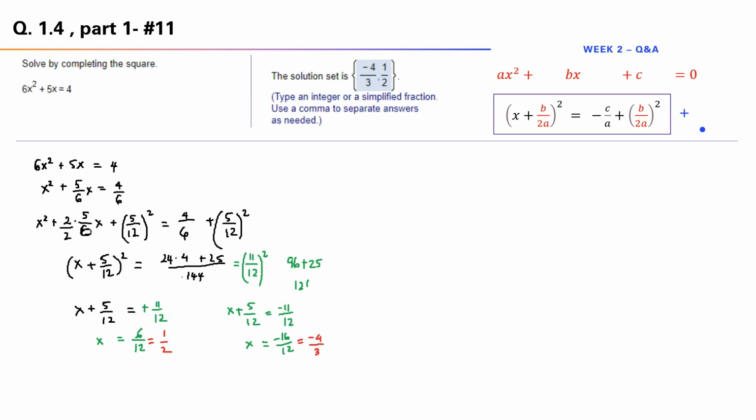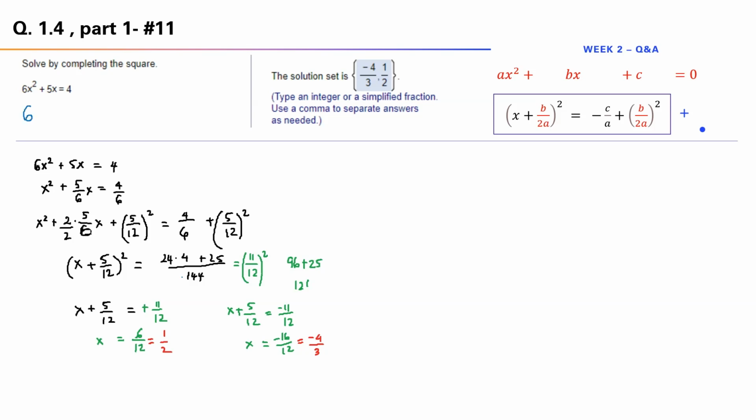All right, for this one, we have 6x squared plus 5x equal 4. So now A, B, C is a little bit different, right? Because remember the right hand side of the equation is always 0, right? But anyway, we have to move the C to the right hand side, so we keep it as it is.